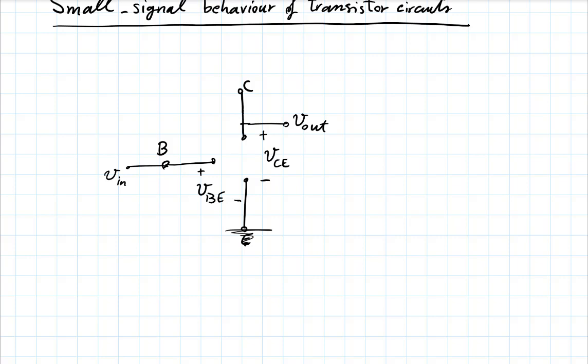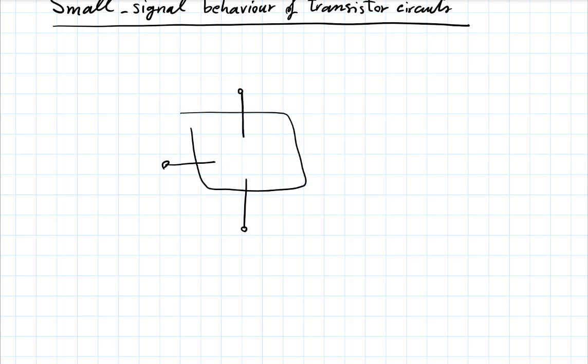So we had an input between these two terminals, base and emitter, and an output between those two terminals, collector and emitter, the emitter being in common between the two. So to think about it in more general terms, I'll again remove these specifics, and I'll redraw this slightly and put it in a box. Okay, so I want to put it in a box, but I'll redraw it slightly. And I'll draw it like this.